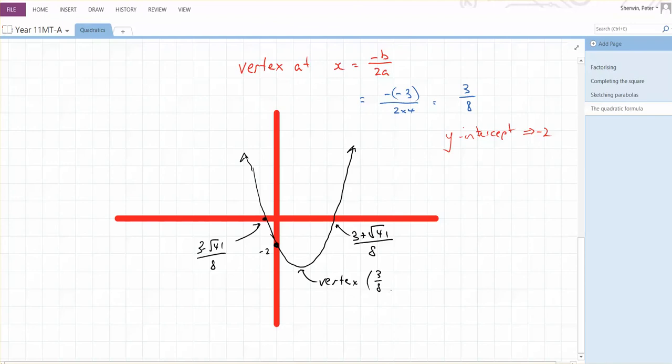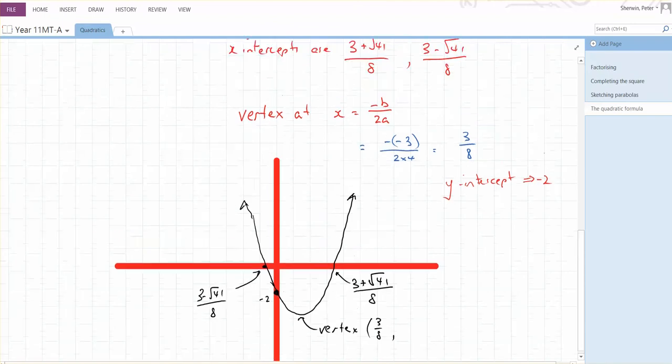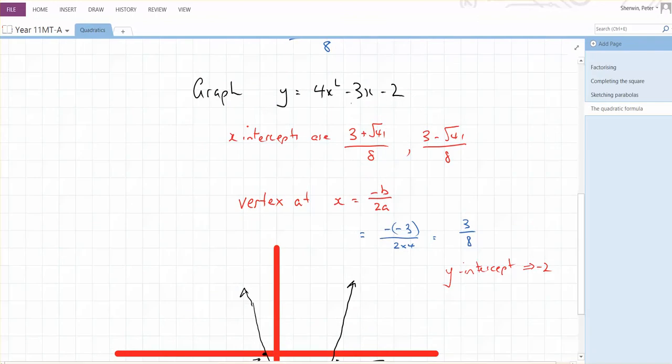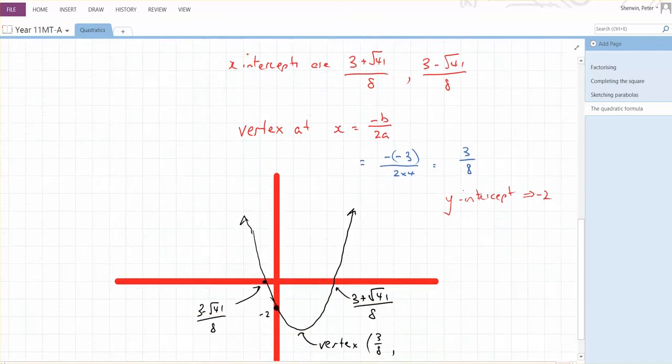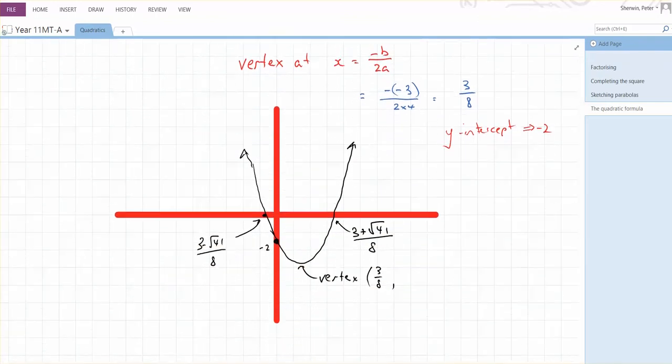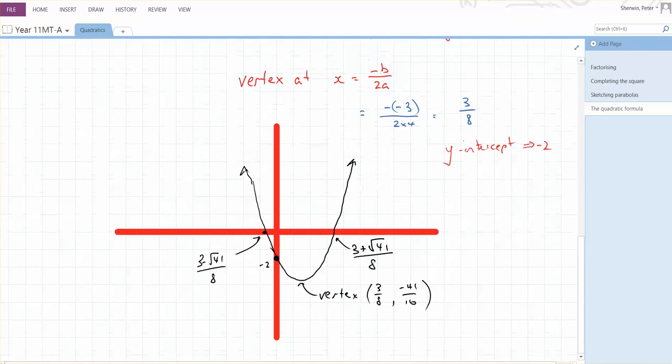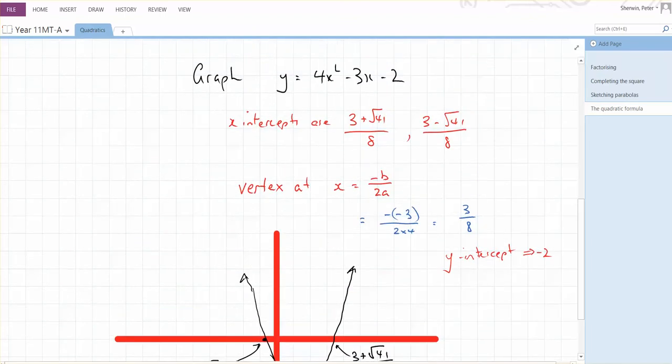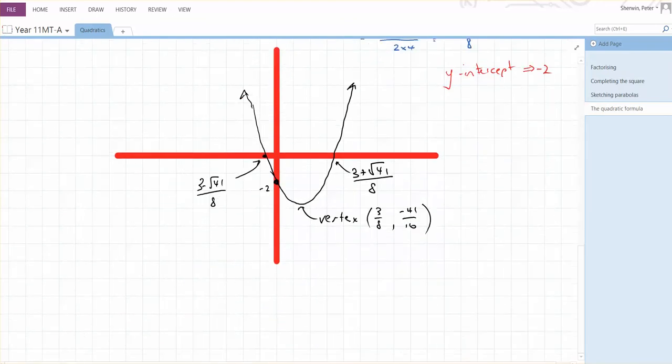Remember we found that by minus b over 2a, and if we substitute 3/8 back into the quadratic equation, you'll have to trust me on this, but if you work it through, you get minus 41 over 16. So 4 times 3/8 squared minus 3 times 3/8 minus 2 goes into your calculator, and you'll get that to be your vertex.